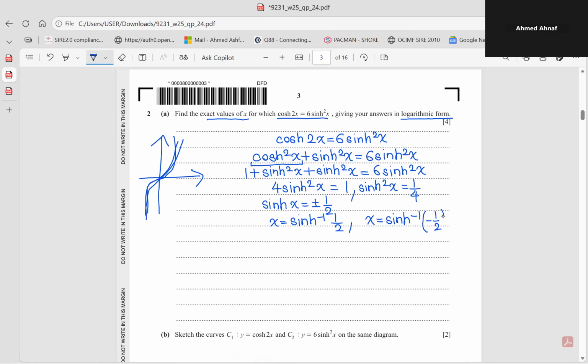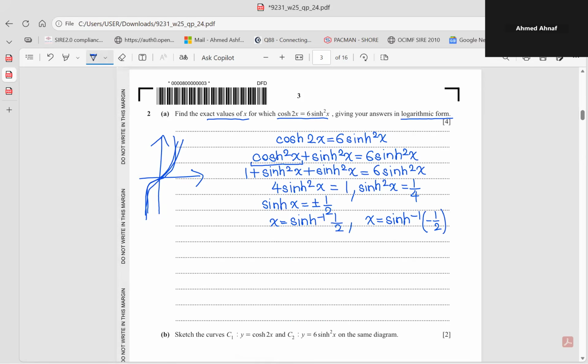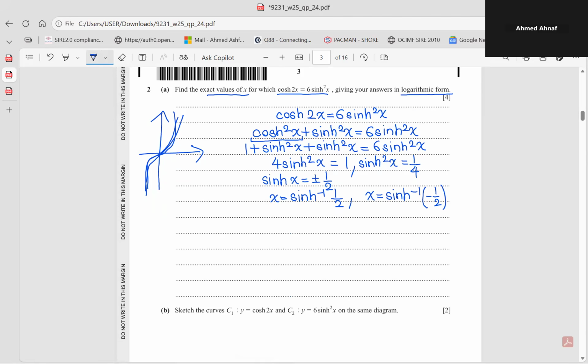But the question told us to express it in logarithmic form, so let's find the expression for sinh inverse x. It's this right here, ln of x plus the square root of x squared plus 1. So therefore this is going to be ln of half plus the square root of x squared plus 1.